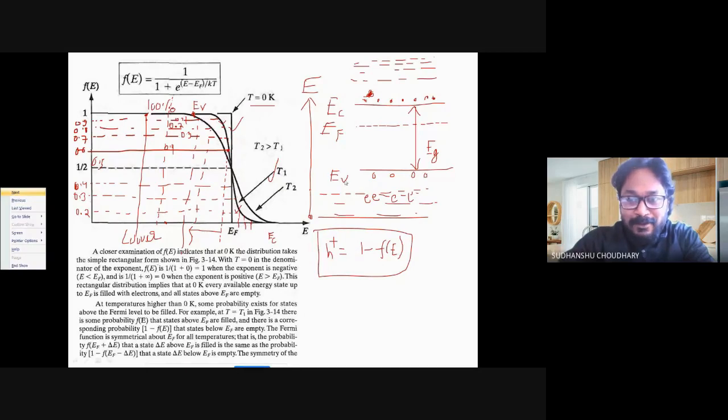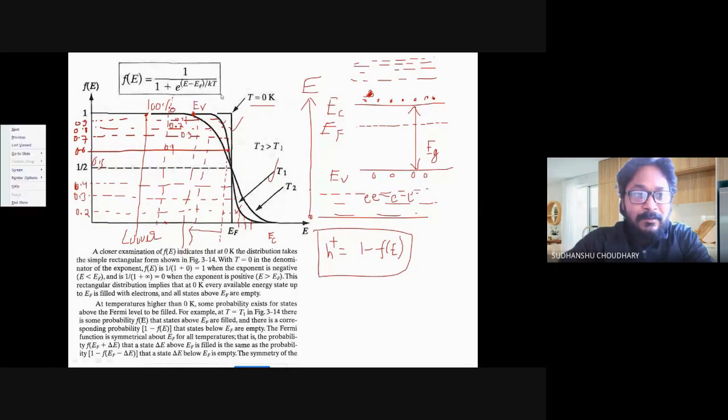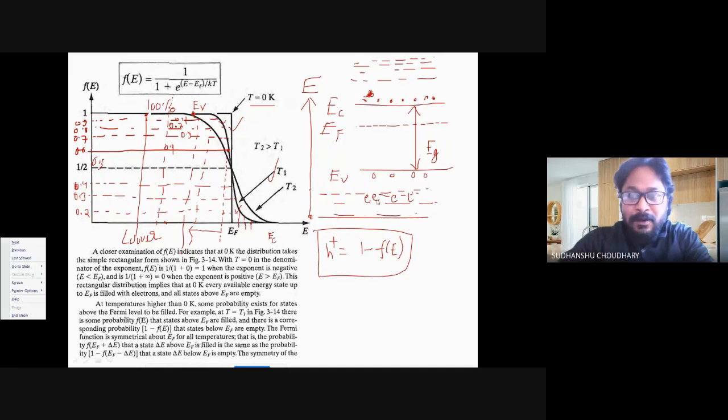Lower energy levels will be fully occupied only by electrons, because the probability of finding an electron for lower energy levels is 100%, and the probability of finding a hole for lower energy levels is 0. So holes will be found where? Only at the valence band edge, not further lower down. If you go down the energy level, you won't find holes. All available states will be occupied by electrons.